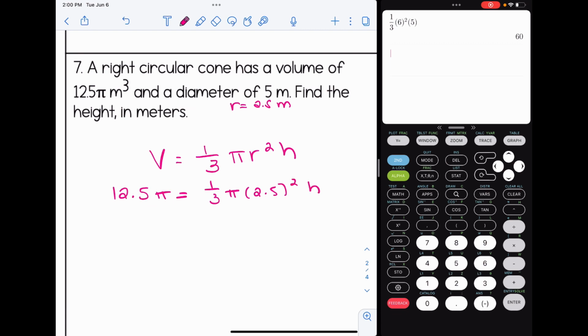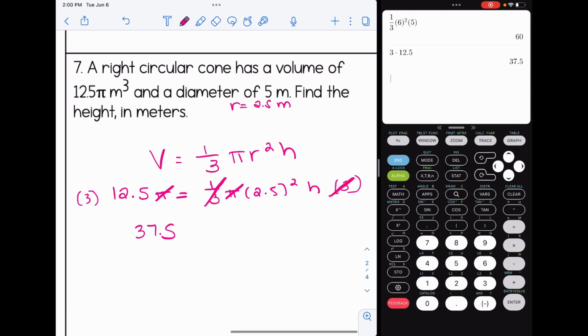What I would suggest doing is, if that volume is in terms of pi, which it is here, get rid of pi first. It's going to cancel out on both sides when you divide by it, because you'll get pi over pi, which is 1. So I'm just going to get rid of it right to start. And I'm also going to get rid of the fraction by multiplying both sides by the reciprocal. So 3 times 12.5 is 37.5.